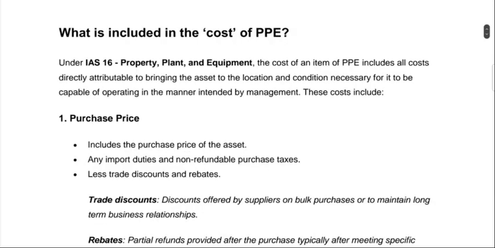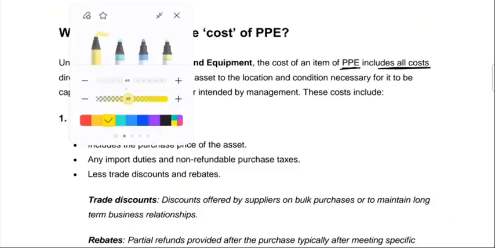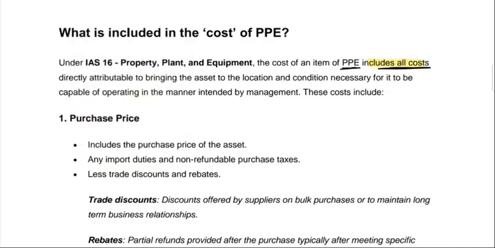So, what is included in the cost of property, plant, and equipment? Under IAS 16, the cost of an item of property, plant, and equipment includes all the costs directly attributable to bringing the asset to the location and condition.